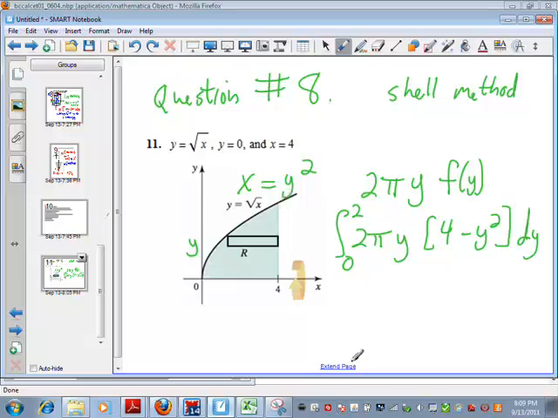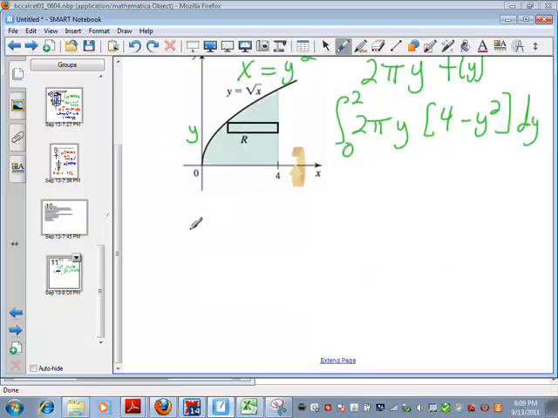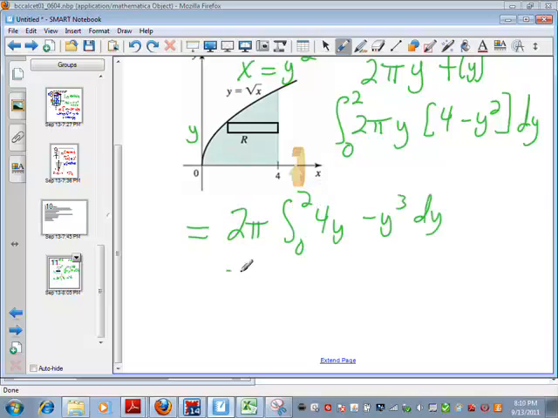If we did the disk method, what would happen here? This is equal to 2 pi times the integral from 0 to 2 of 4y minus y cubed dy. That's 2 pi times y squared minus 1/4 y to the 4th.